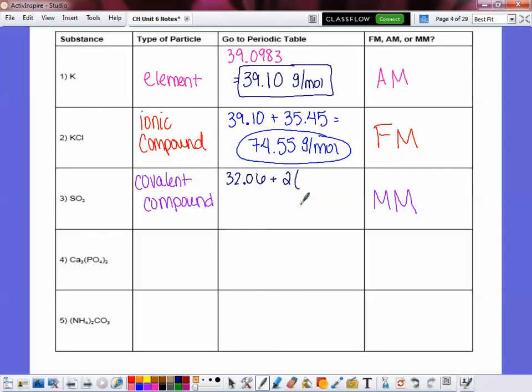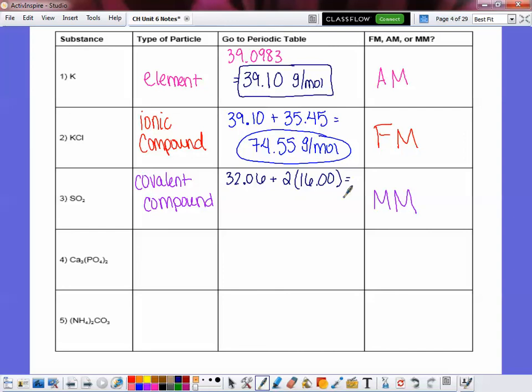So oxygen on the periodic table has a mass of what? Well, it's like 15.9994, which rounds to 16.00. Remember your rounding rules. I've seen some weird things happen with rounding where people write that as 15.10. It all gets pushed up. Okay. All right, so go ahead and calculate that.